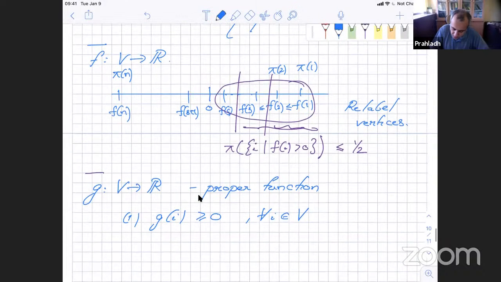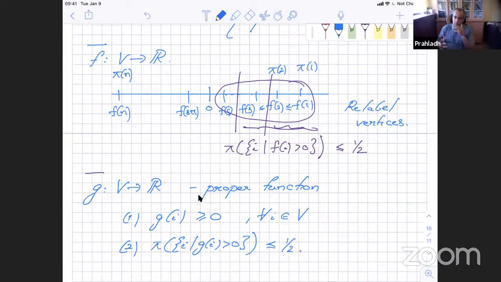It's a non-negative one. So in particular, F is not proper. If you give me the second eigenvector, that is not proper. And furthermore, pi of the total weight of all i such that g_i is greater than 0 is less than or equal to half.